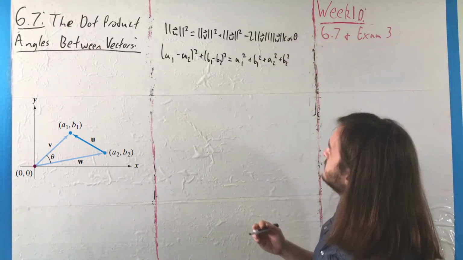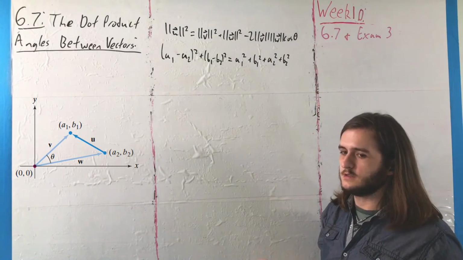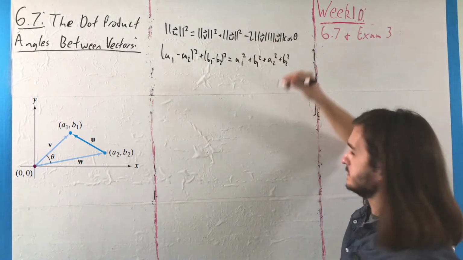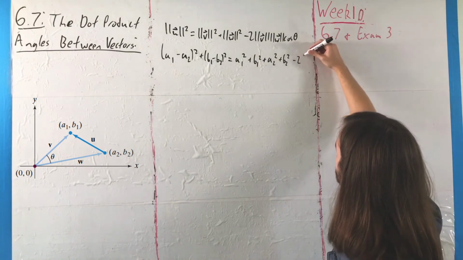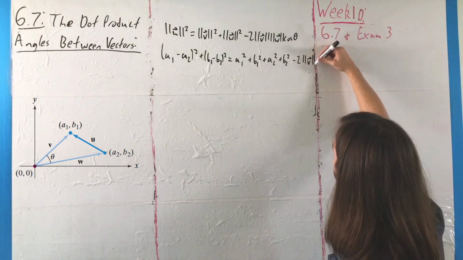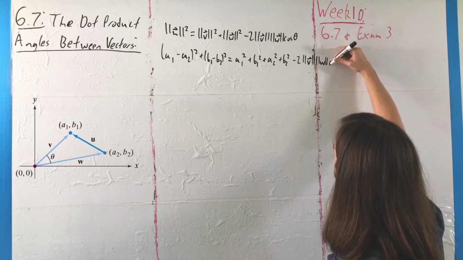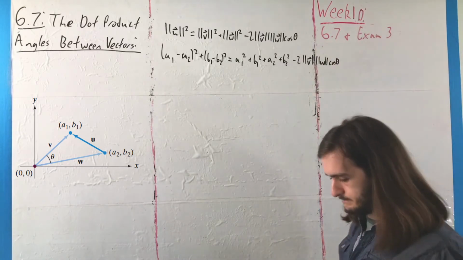And then to save space and a bit of sanity with a's and b's, we're just going to leave this term in terms of v and w. So we'll have minus 2 times the magnitude of v times the magnitude of w cosine of theta.